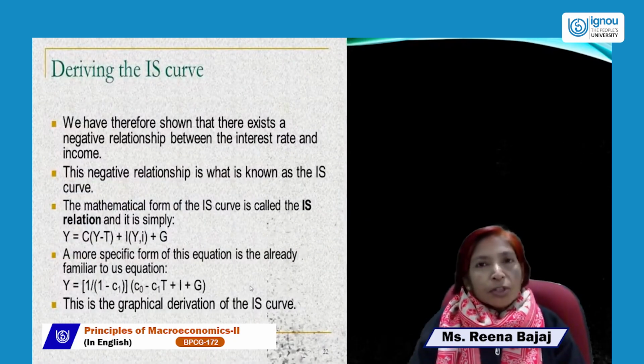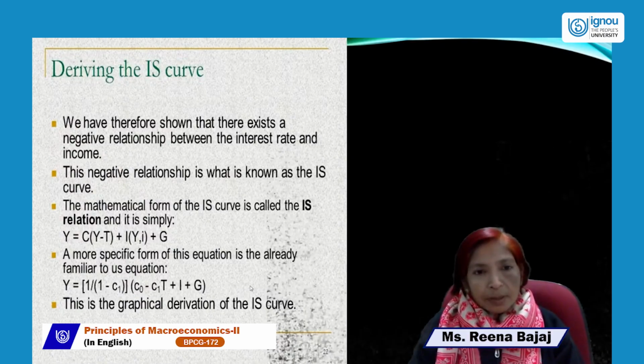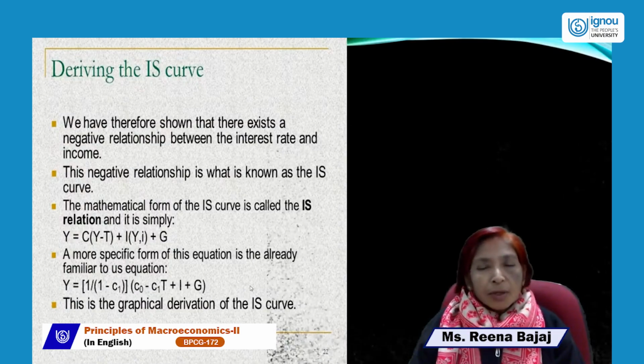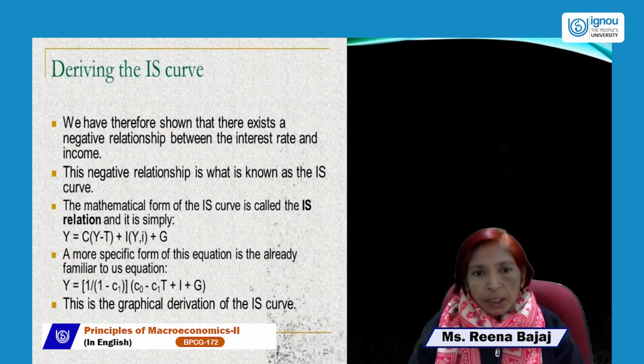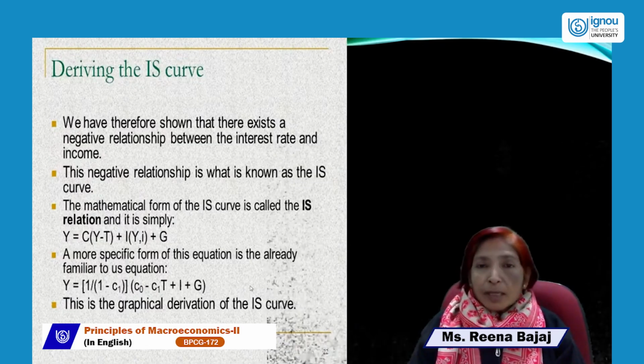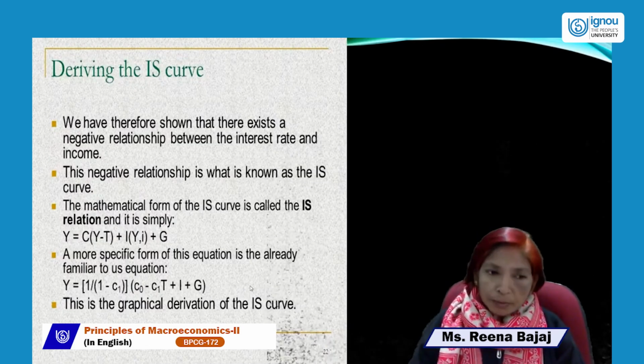We have therefore shown that there exists a negative relationship between the interest rate and the level of income. The negative relationship is what is known as the IS curve, or downward sloping curve.